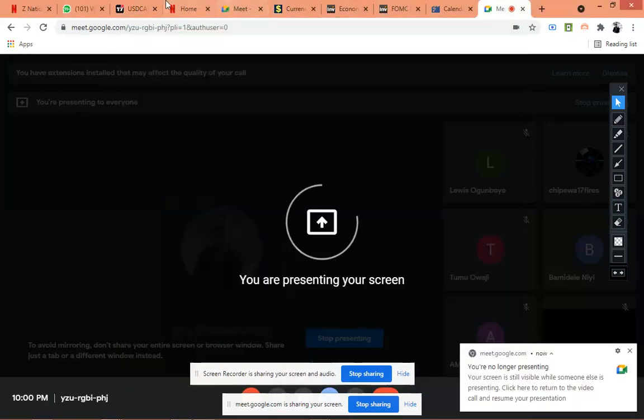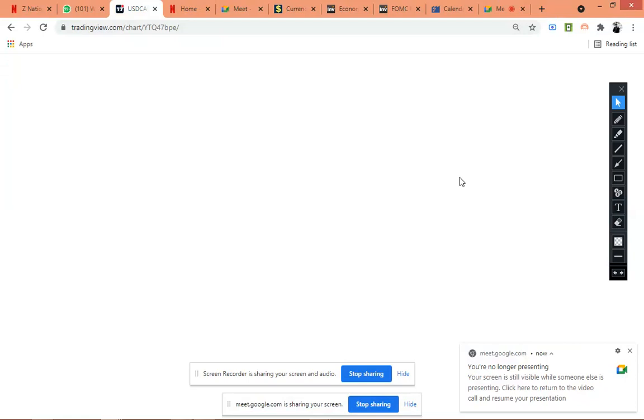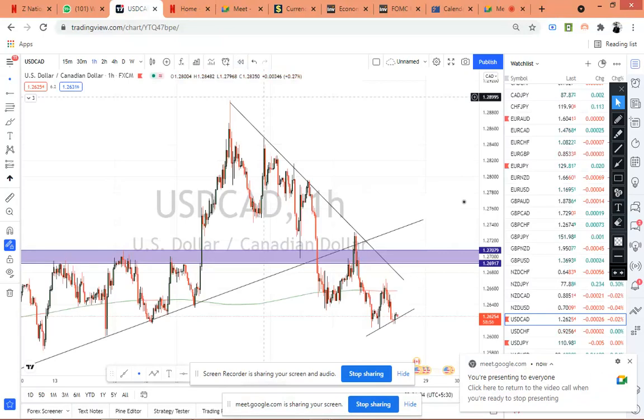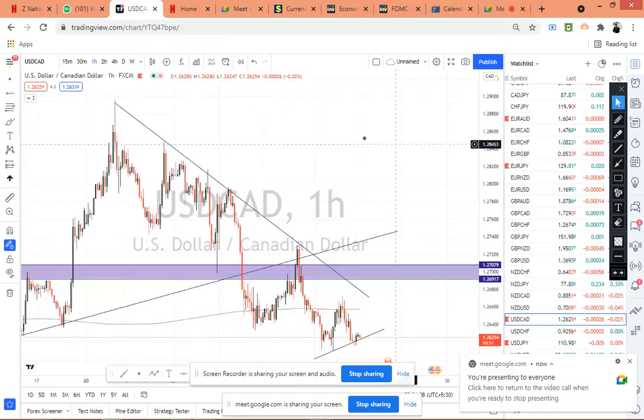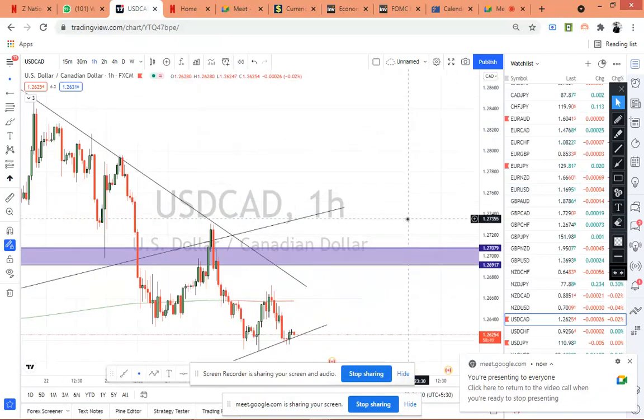So, like I was saying, USD should be bullish as base, but should be bearish as quote.